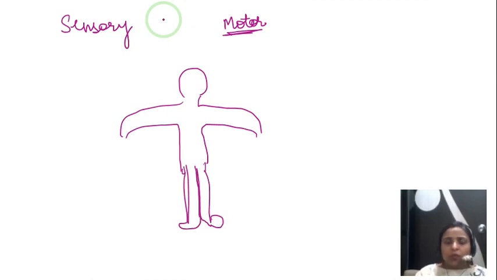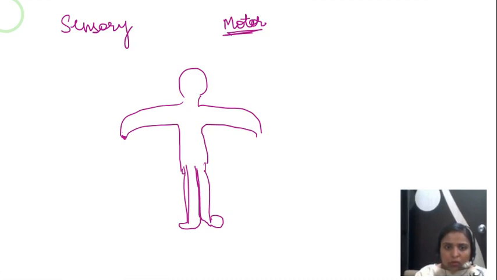See, for example, this is a human, right? And when the sensation is taking place, let me draw it with another pen. See, from where the sensations are taking place, or from where the sensations are picked up to the brain from different parts of the body. Simple.